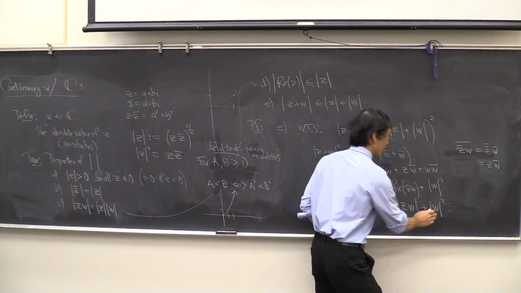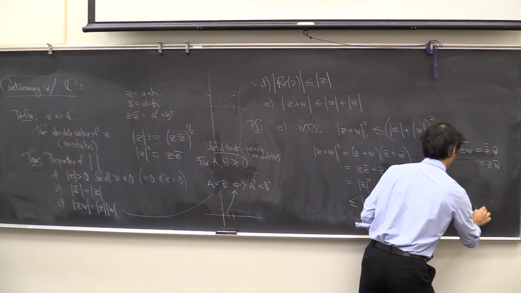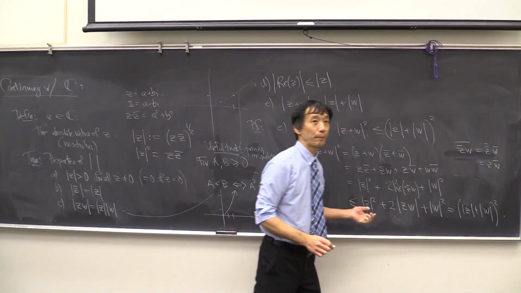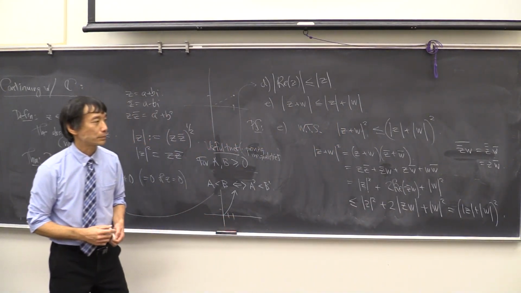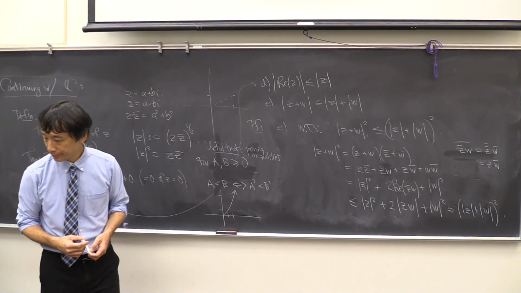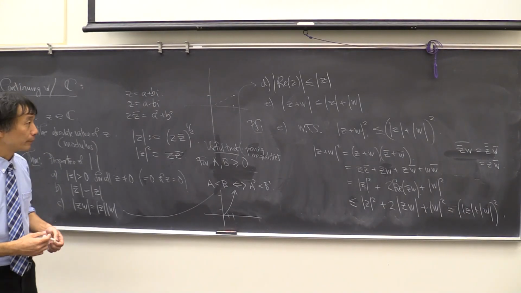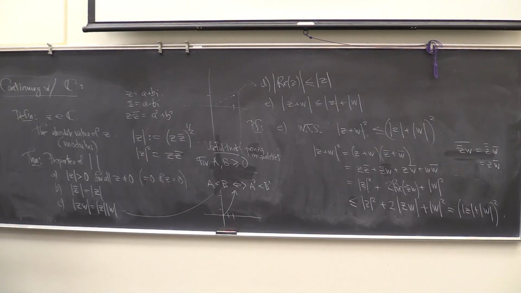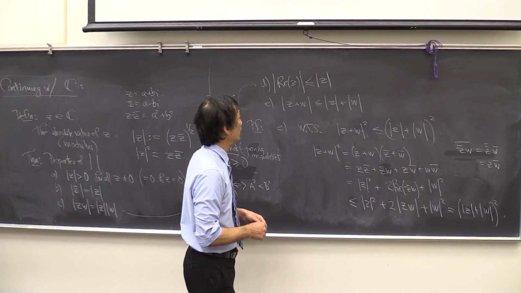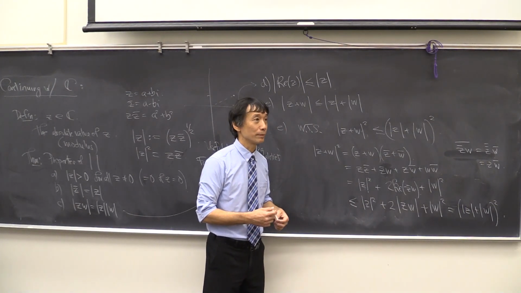And you recognize that to be just the quantity modulus z plus modulus w, squared. Okay, so the triangle inequality is true for complex numbers.